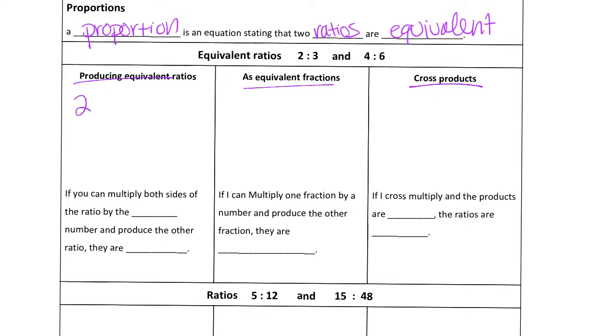So if we have 2 to 3 and 4 to 6, if I can multiply both sides of the ratio by the same number and produce the other ratio, they are equivalent and proportional.